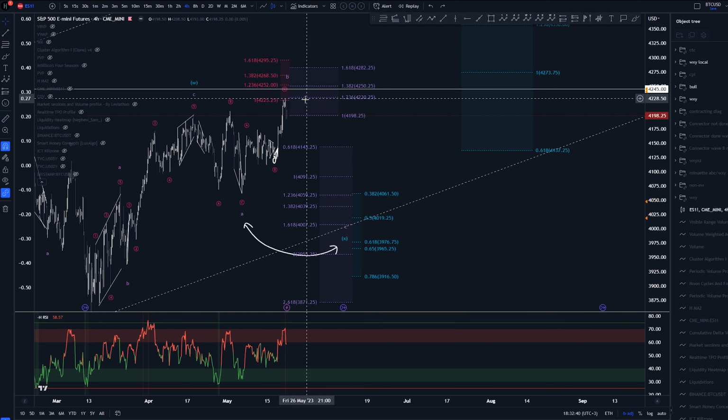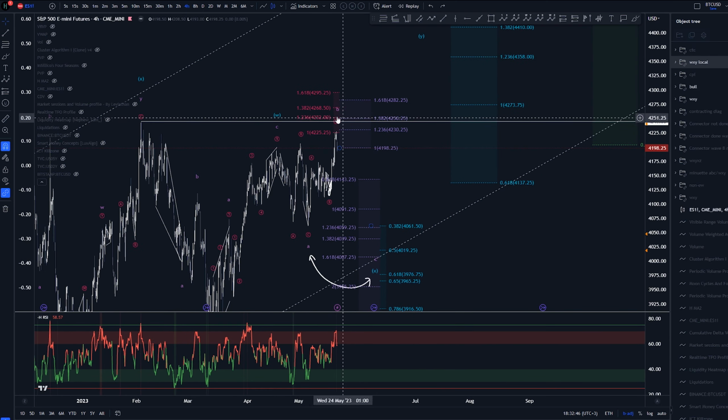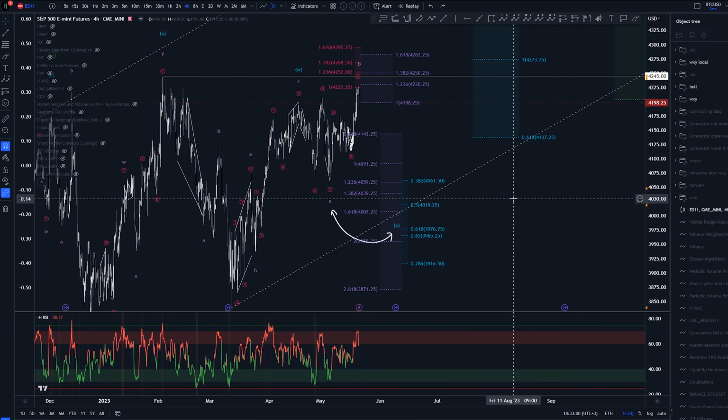Keep that in mind. If we break upwards, that's another possibility. The next structure where I would look for another entry is around $4,245. That would be taking the liquidity above the February 3rd high, and then I would be looking for potential short setups again.